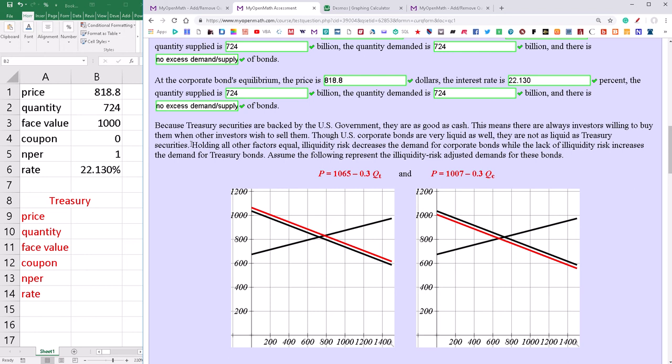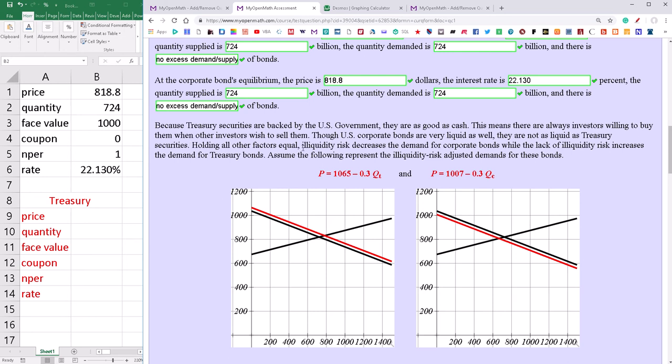The market's just not as big. What I mean by the market not being as big is that there aren't as many people in these markets buying corporate bonds as there are people wanting to sell treasuries. So when more people want to buy something, that market's bigger. That makes them more liquid.